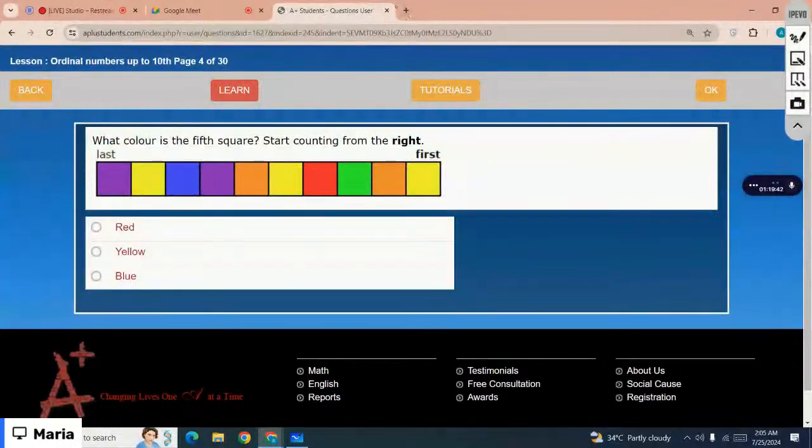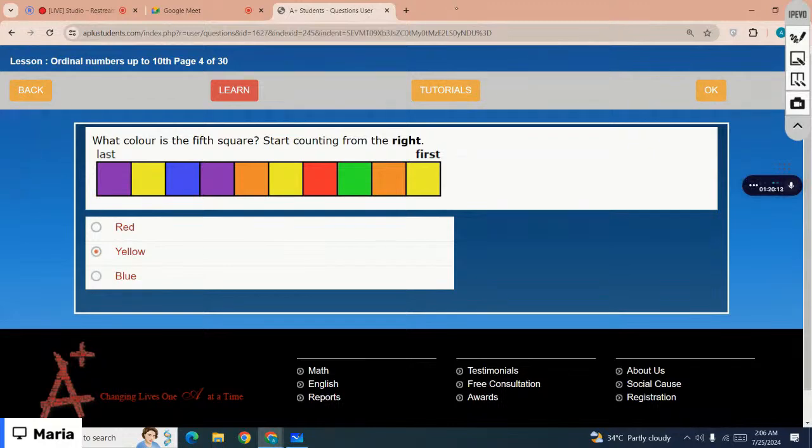What color is the fifth square? So, which is the correct option? The correct option is yellow color, right?